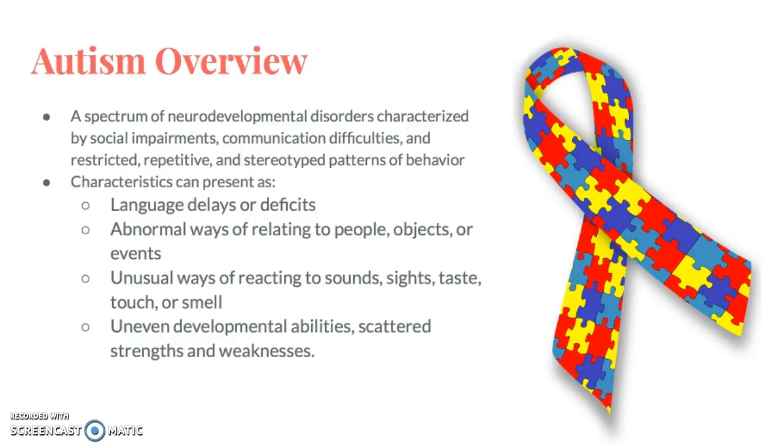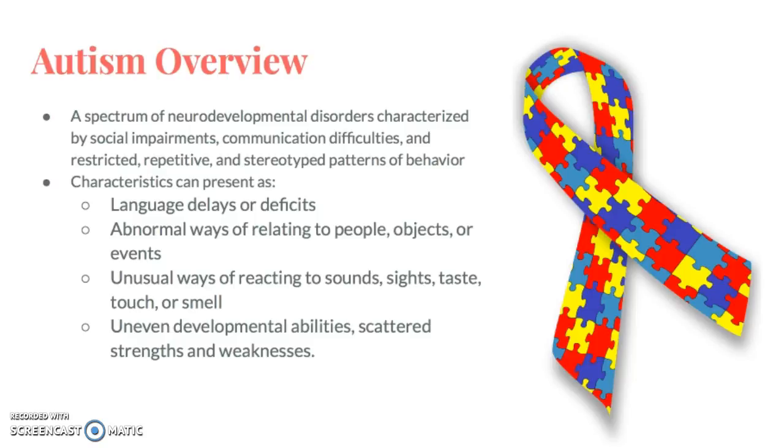So first, an overview. Autism is a spectrum of neurodevelopmental disorders characterized by social impairments, communication difficulties, and restricted, repetitive, and stereotyped patterns of behavior. The important aspect of autism is that it's a spectrum, so there's a degree of how severe a child with autism will be.